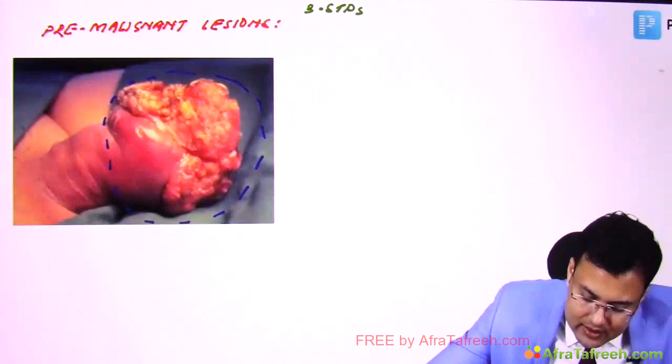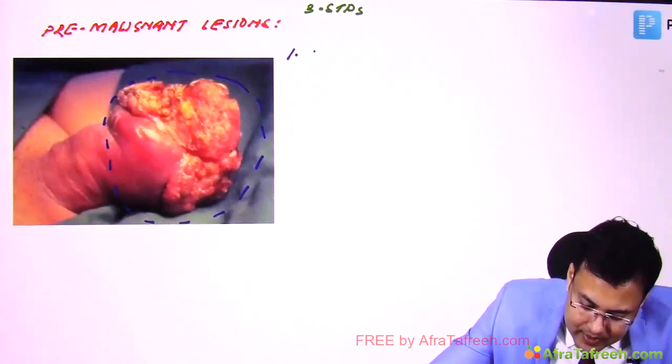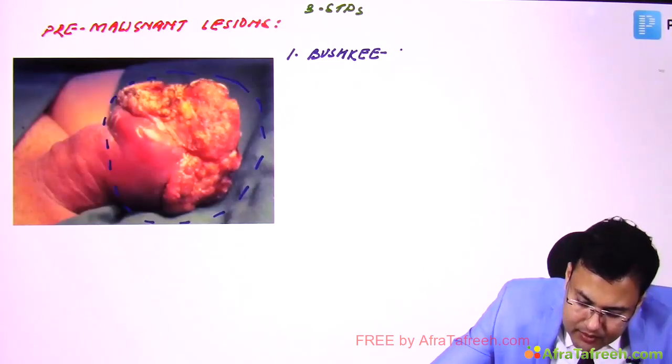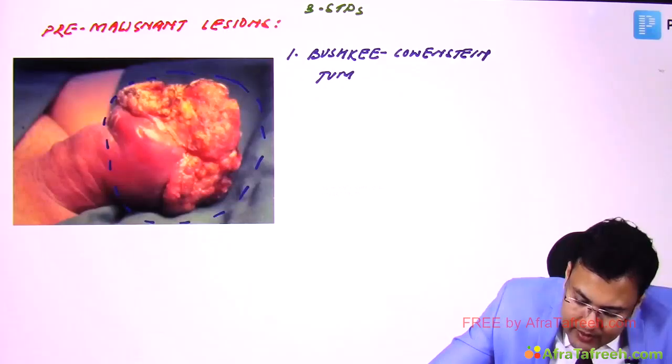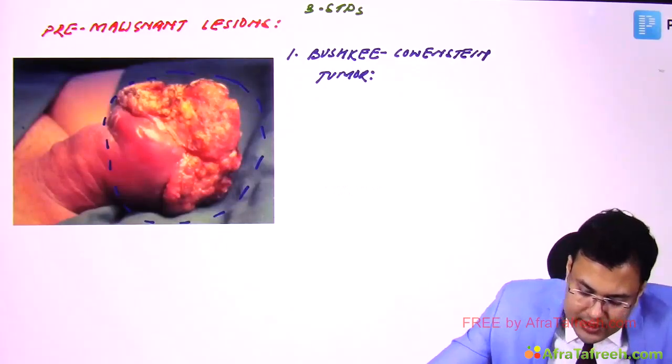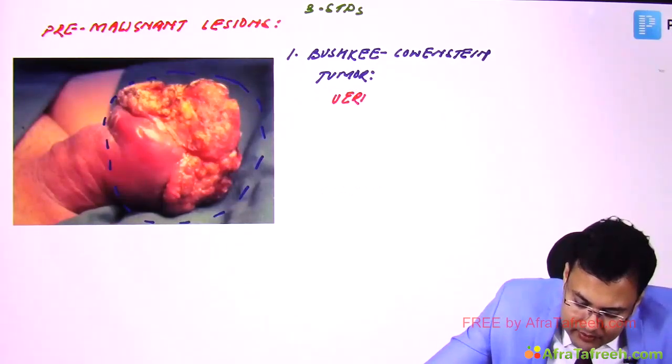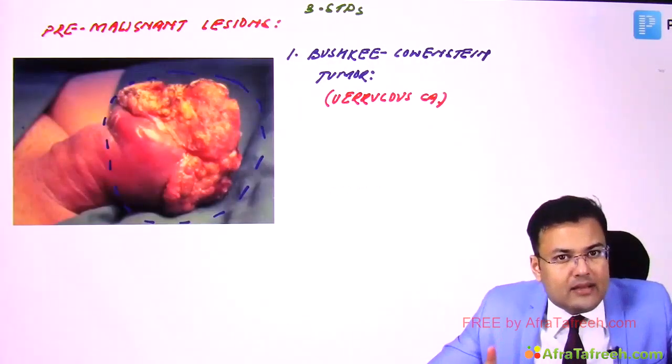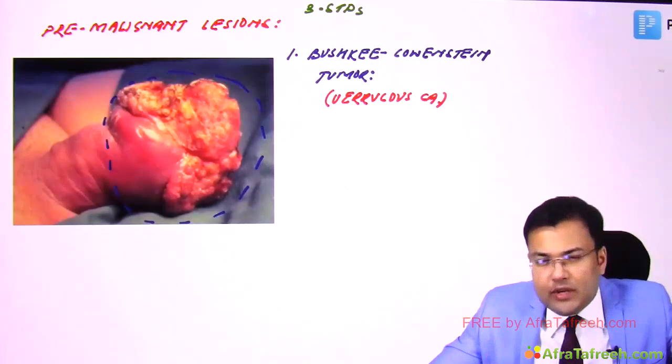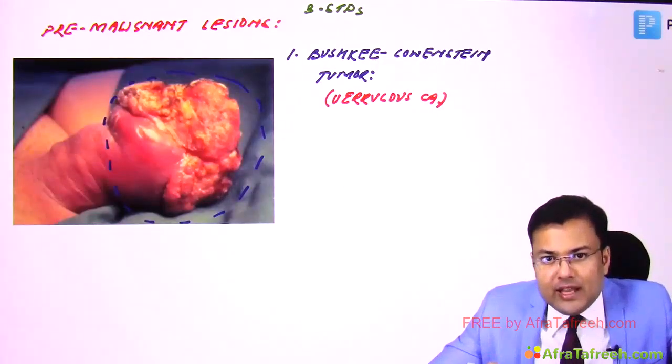This is frequently asked. So the name of this tumor is Buschke-Lowenstein tumor. Okay, and what is the other name of this tumor? It is also known as verrucous carcinoma. Clear? You have to remember that this is locally malignant. It destroys surrounding tissue by compression, not by invasion.